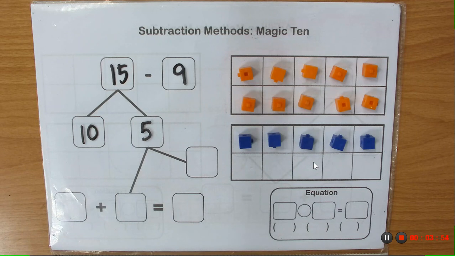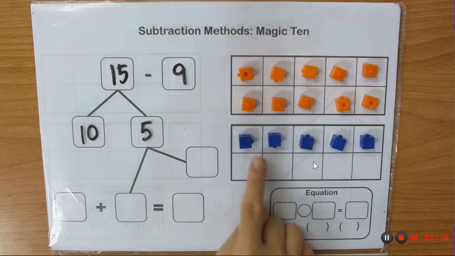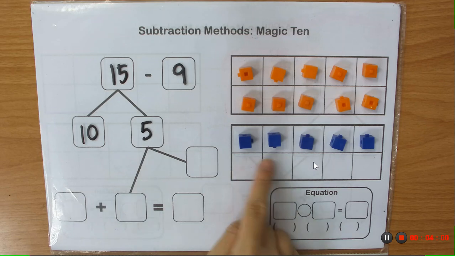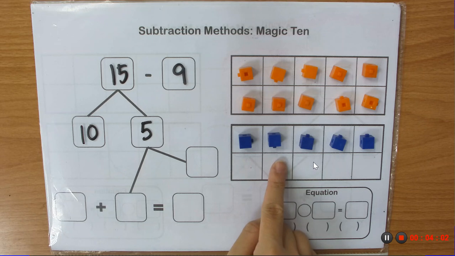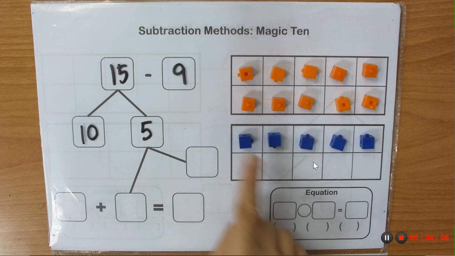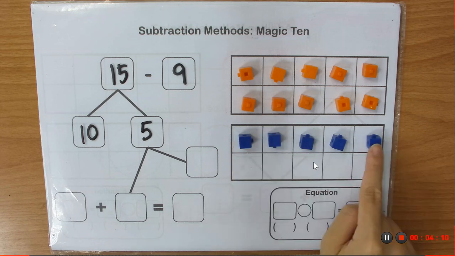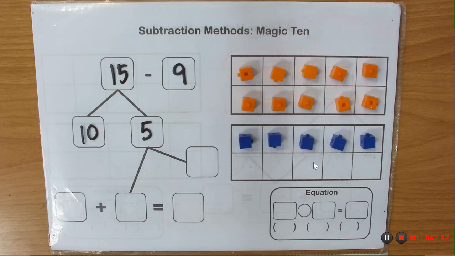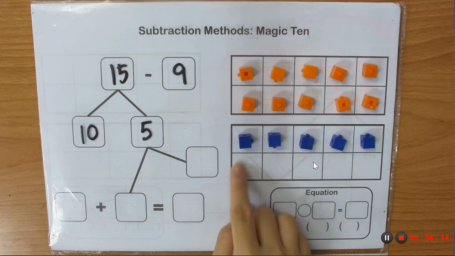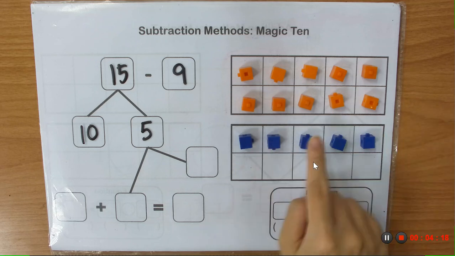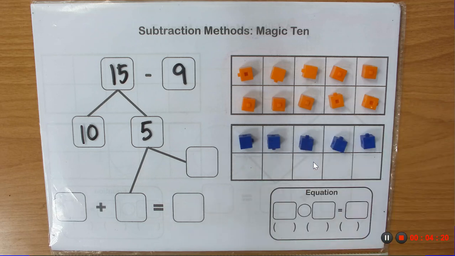But let's take a look at this now. At the ones place here, where there's 5 cubes in this 10 frame, is there enough to take away 9? Can I take away 9 from the 5 ones here? No! We cannot take away from the 5 ones because there isn't enough.